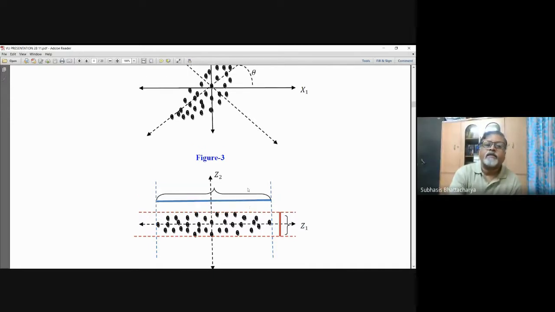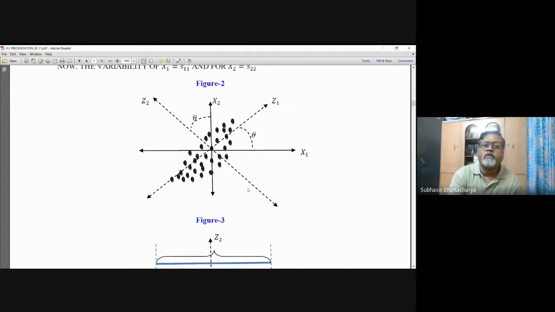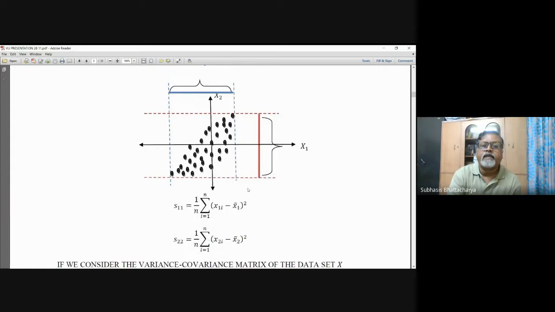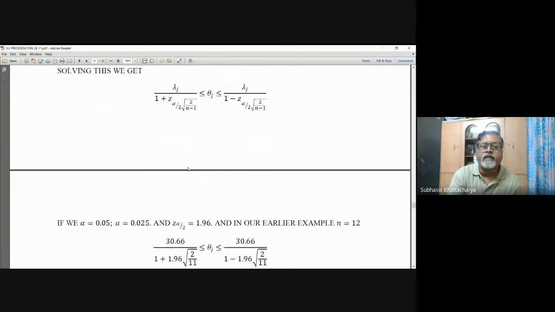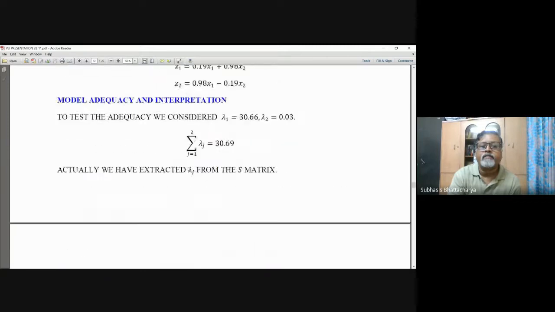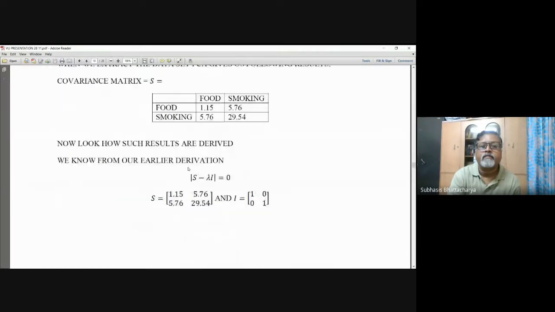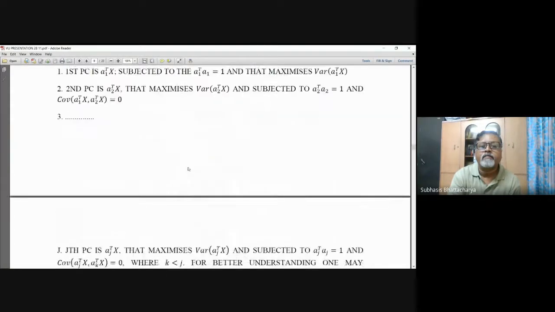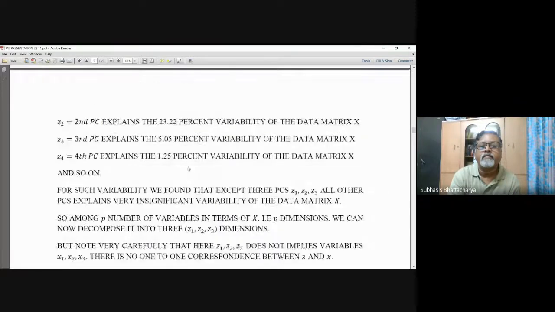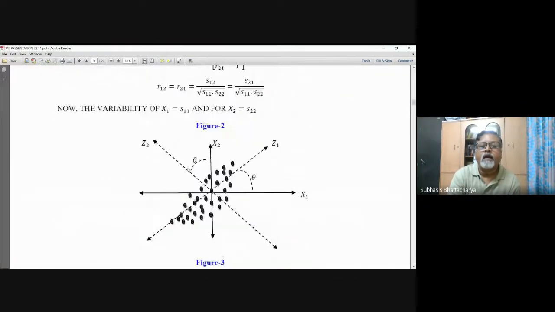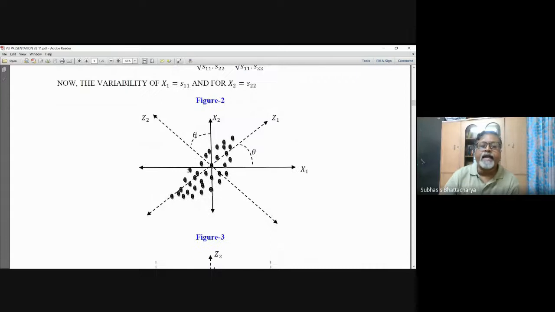Yes. Just look at the figure. Look at the first figure, where the data are placed this way. Now I rotate the axis this way, anti-clockwise by angle theta.